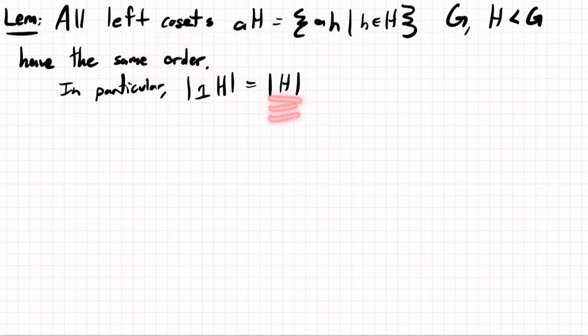It's just the number of elements in H. So they all have the same number of elements, and that number is exactly the number of elements in the subgroup H.